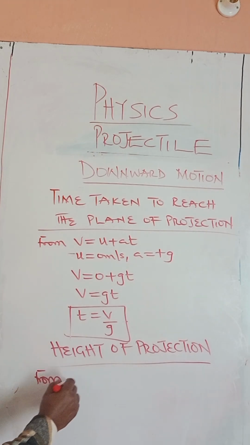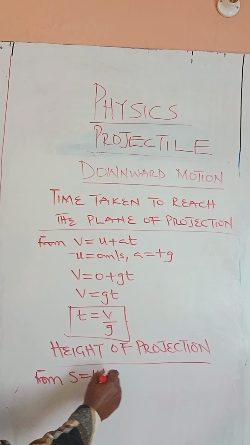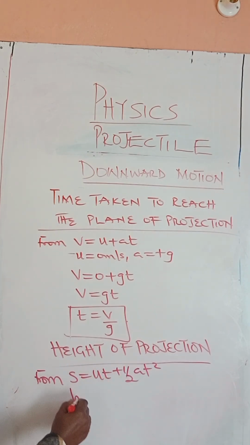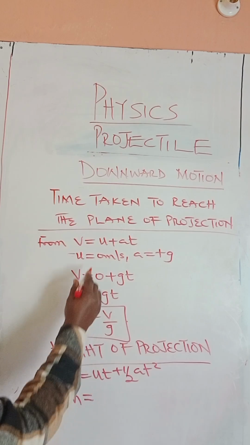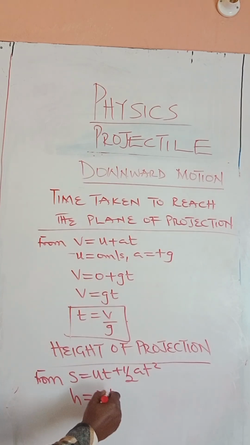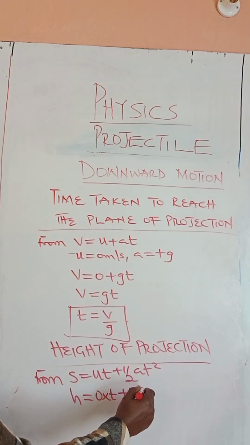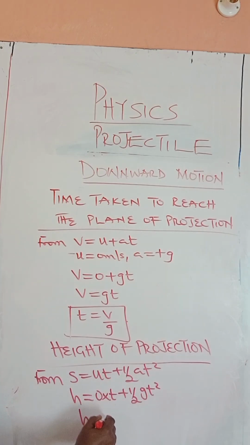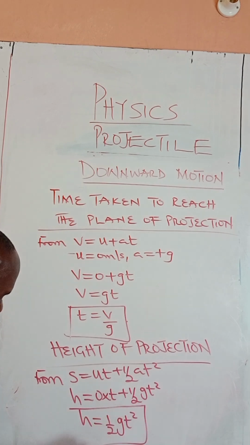From S is equal to ut plus half at squared, this turns to h. Initial velocity is 0 for downward motion, plus half gt squared. So h is equal to half gt squared. This is the formula for finding the height of projection, the height of the building, etc.